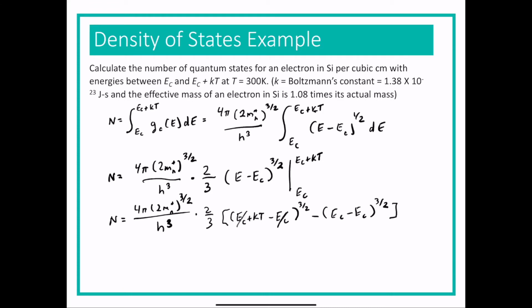Basically, we've got these cancel, and so we end up with 4 pi times 2 effective mass over h cubed times 2/3 times kT to the 3/2.